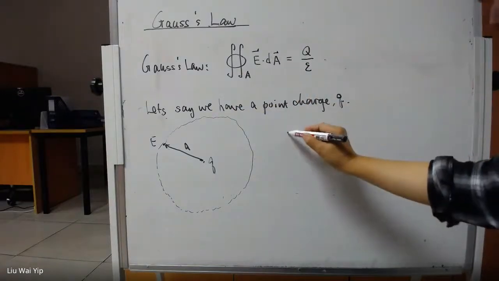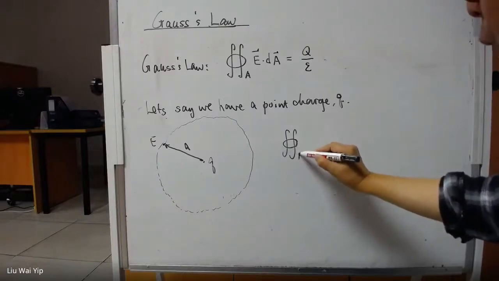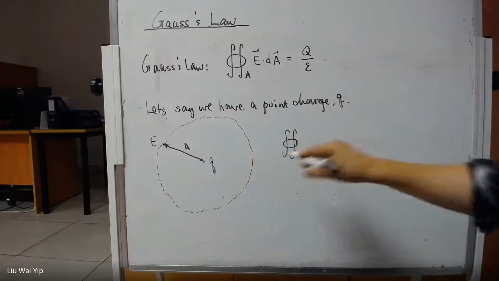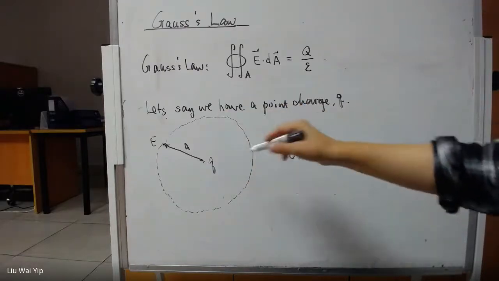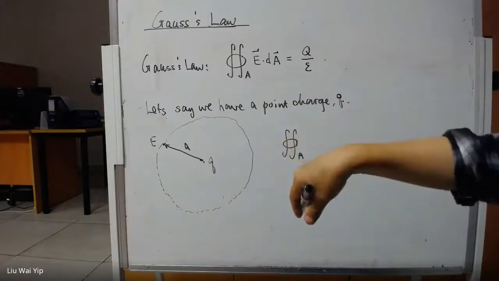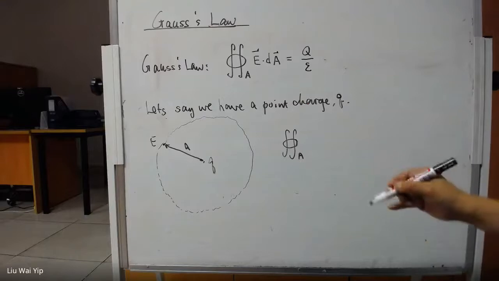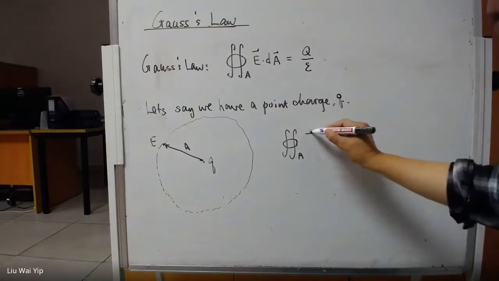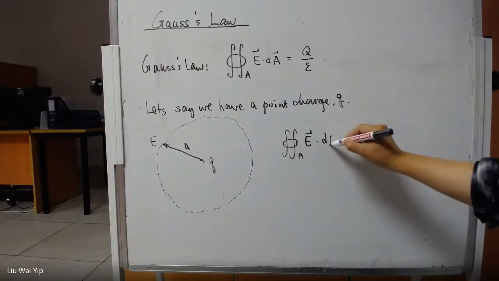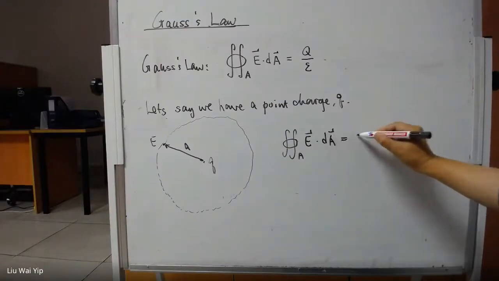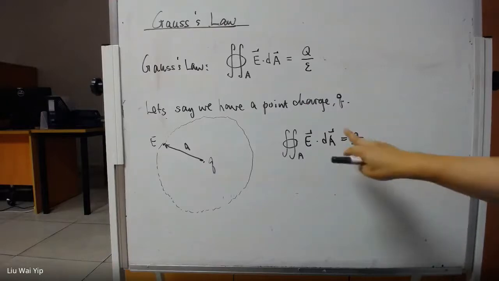In this case, we have the area integral of a surface, which is the total surface of a perfect sphere, of E dA, and the point charge is Q, and then divided by epsilon.